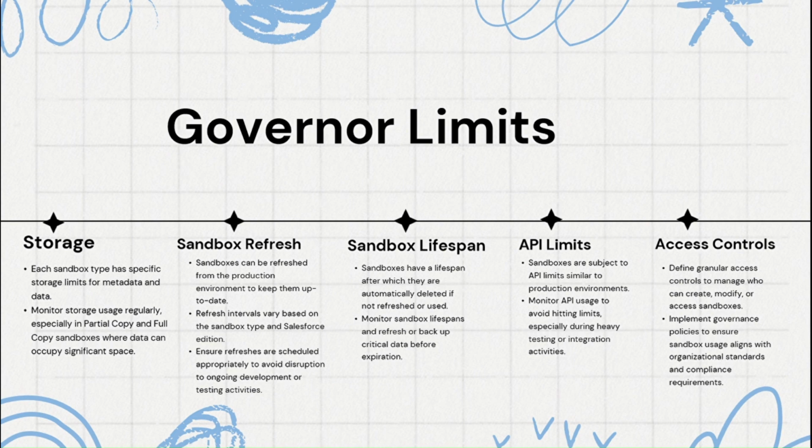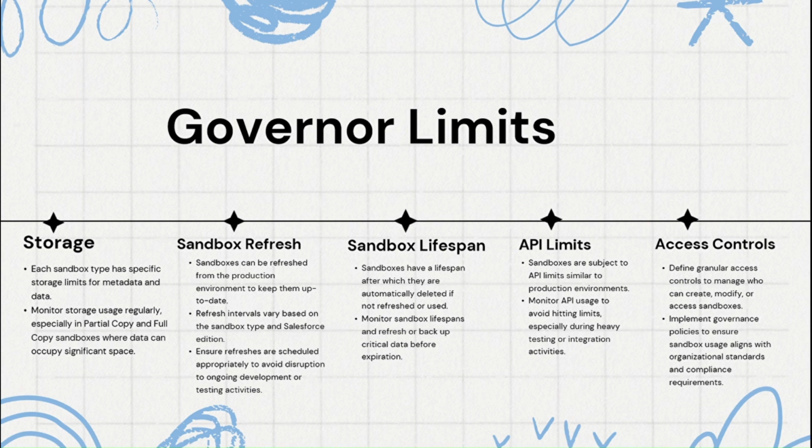Now we move to API limits. Sandboxes are subject to API limits similar to production environments. Monitor API usage to avoid hitting limits, especially during heavy testing or integration activities.